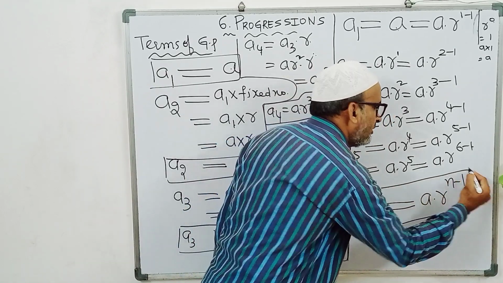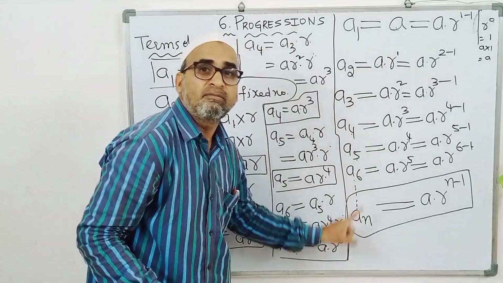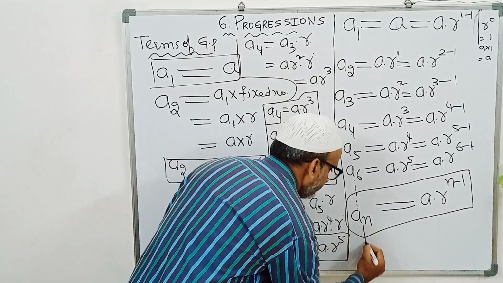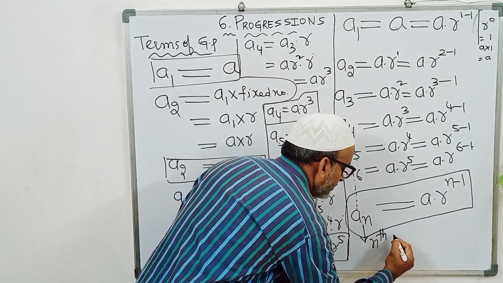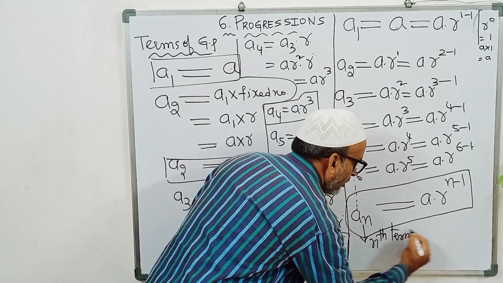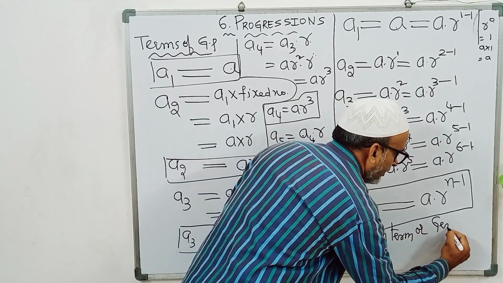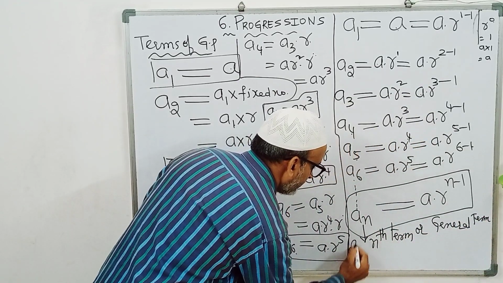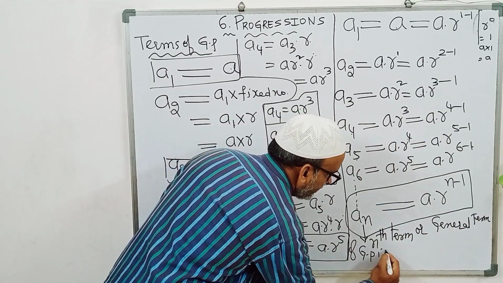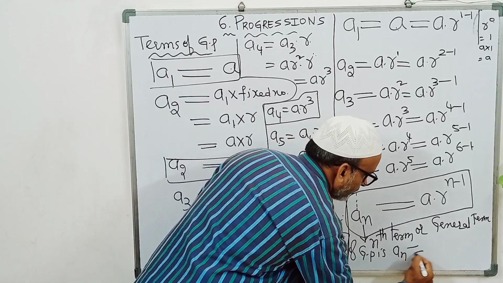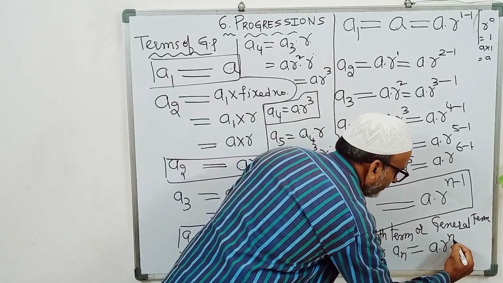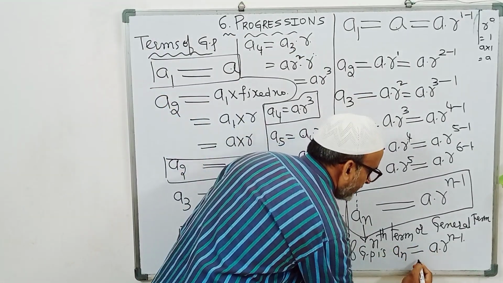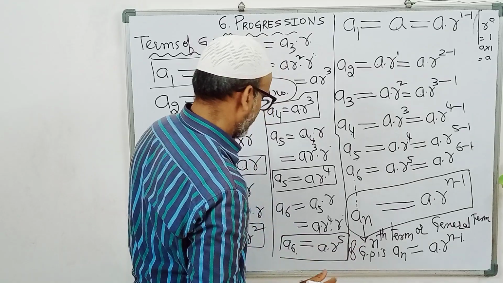This is called the nth term or general term of geometric progression. The nth term or general term of GP is an is equal to a into r to the power of n minus 1. This is the formula.